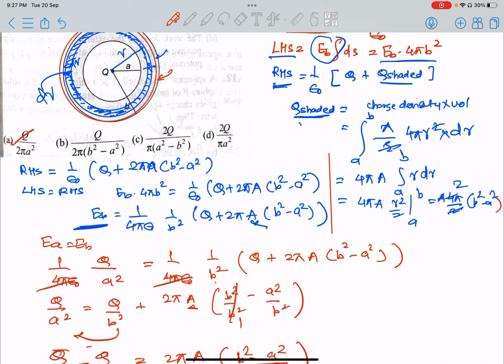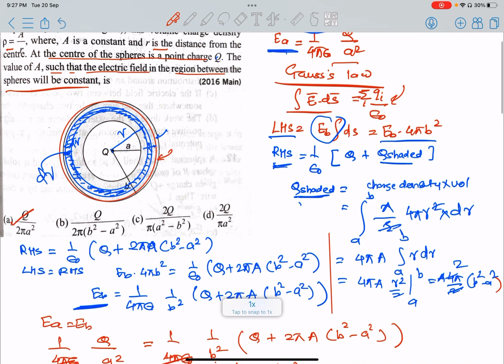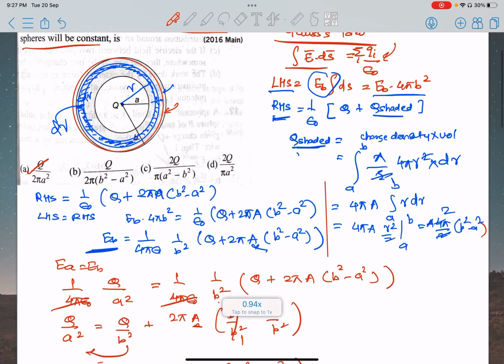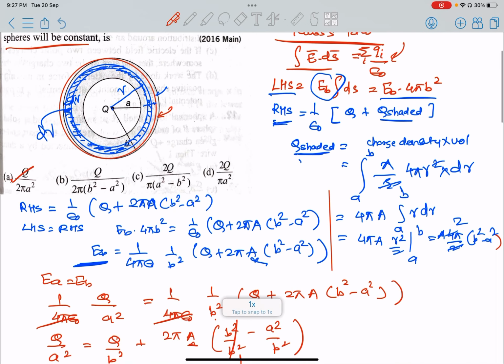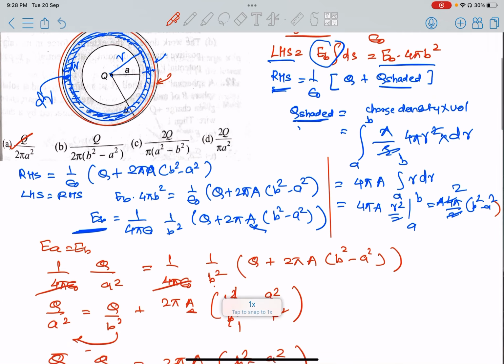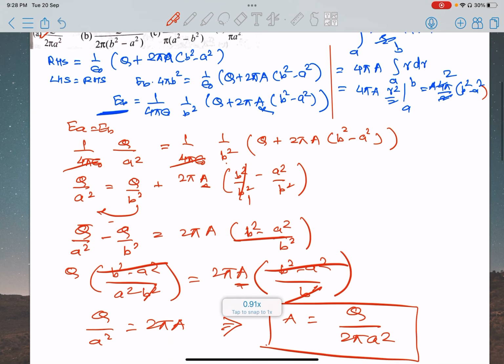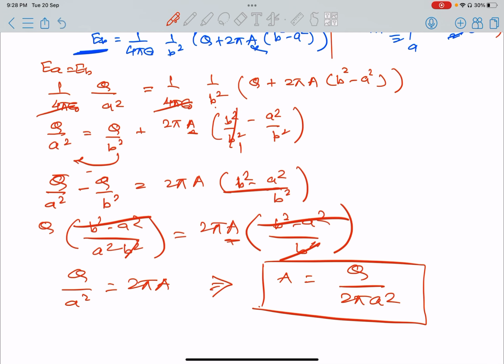Of course, using this variation of the charge density and other factors, you can also get this answer. I can at least eliminate a few options, but this is the method to solve this problem using Gauss's law. So thanks for watching this video. I will see you in the next video.